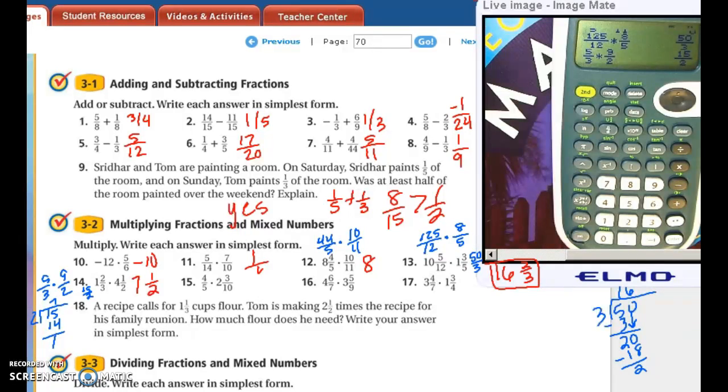For 15, we multiply. 10 times 2 is 20, plus 3 is 23.